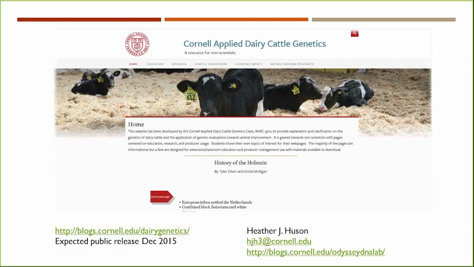Some of the students were non-dairy students coming into the class, so they might have put more information on what it was like to look at genetic selection from a non-dairy perspective. Other students were very dairy-oriented and came from dairy farms themselves, so they put in more of the economic impact and what genetic resources you can look at.